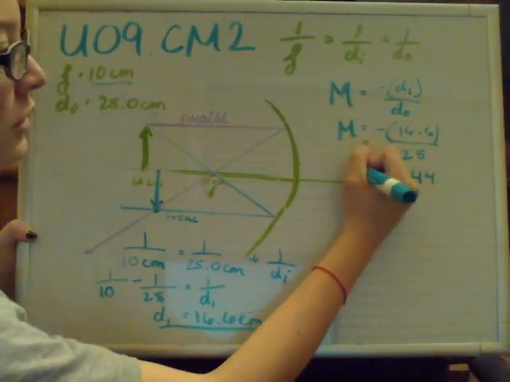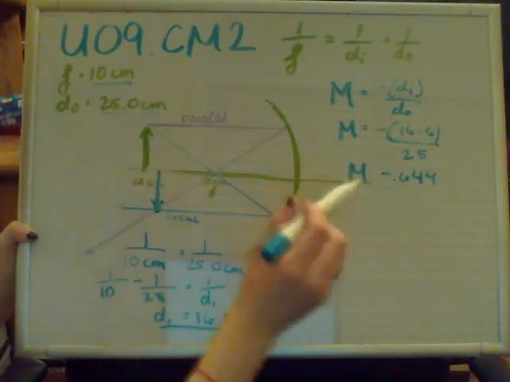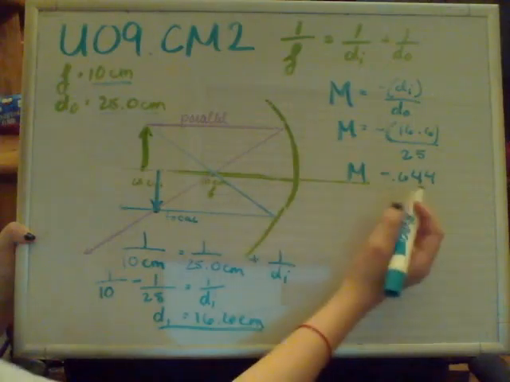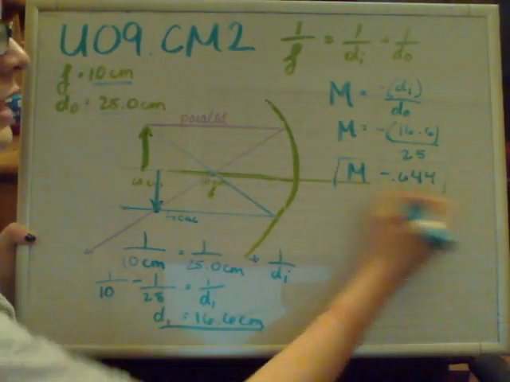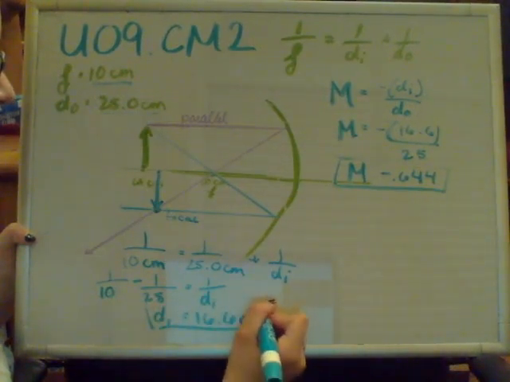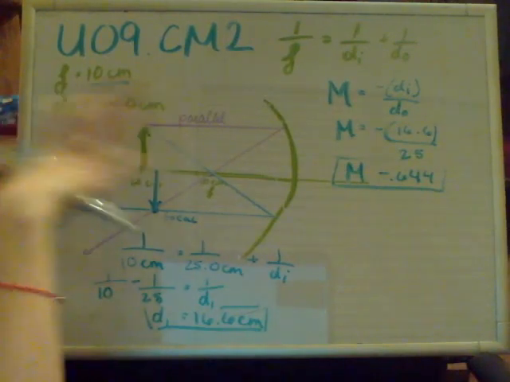Our magnification is negative, which is right because the image is upside down. So that's our magnification, this is the distance of the image, and we drew our ray diagram, and that's all you need to know.